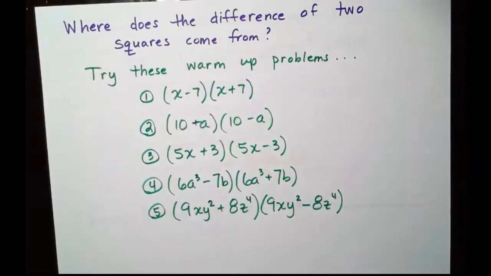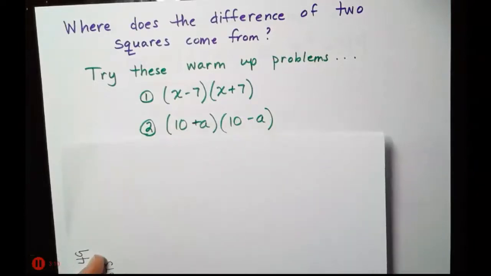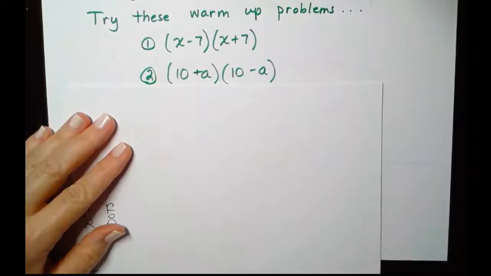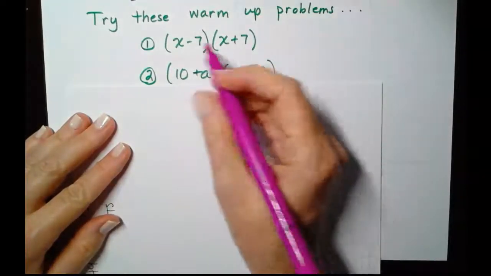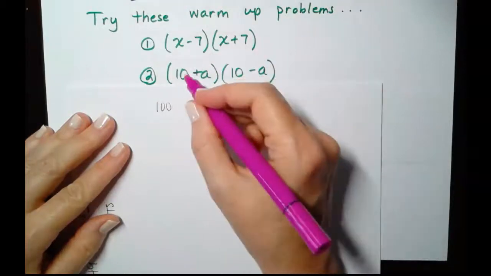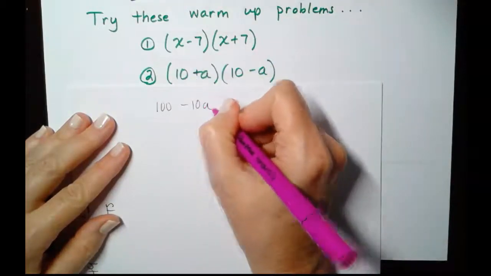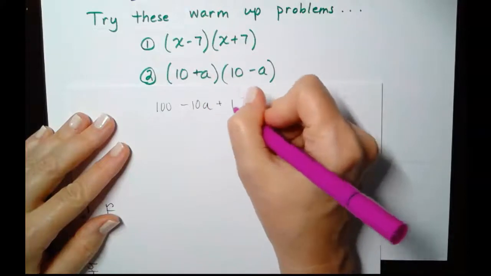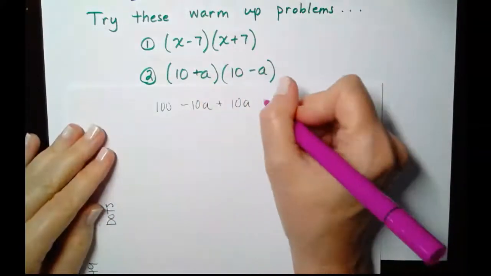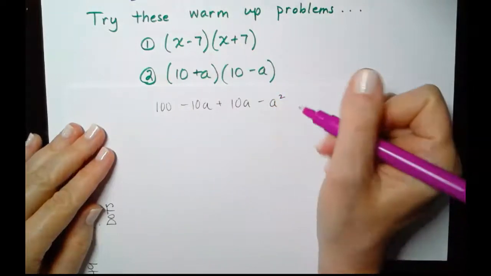Next, 10 plus a times 10 minus a. Again, use the FOIL method. First, 10 times 10 is 100. Outsides, 10 times negative a, negative 10a. Insides, plus 10a, and last, a times negative a is negative a squared.